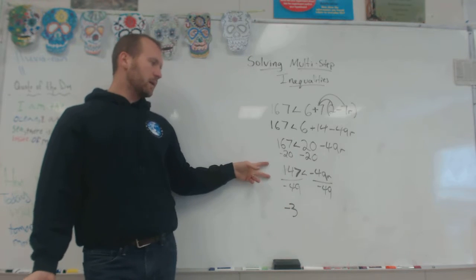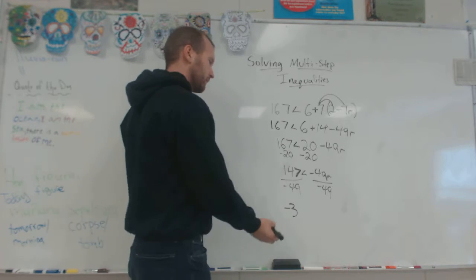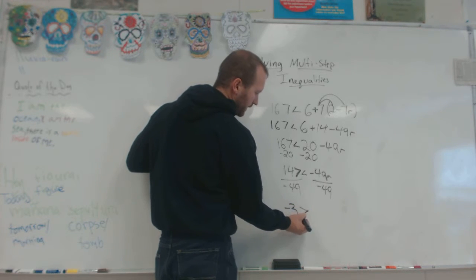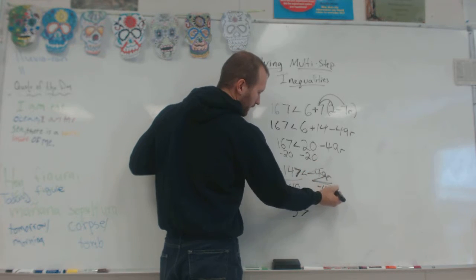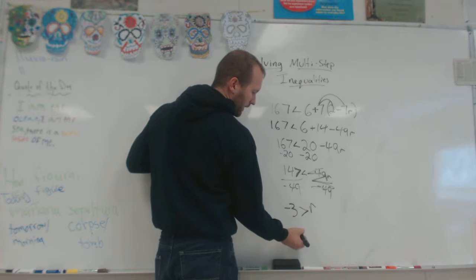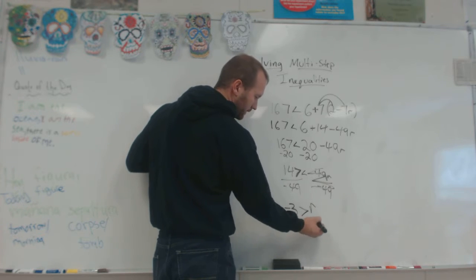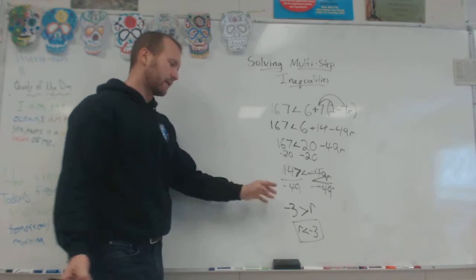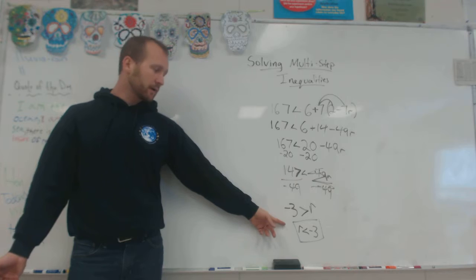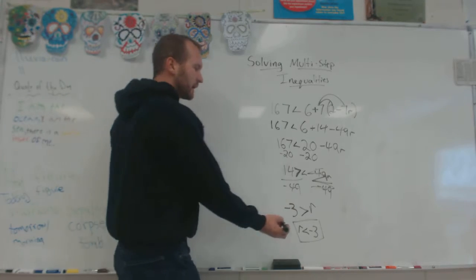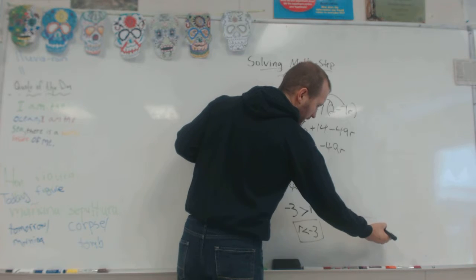When we're multiplying and dividing, one negative is going to give us a negative answer. And I'm going to switch around this sign. Negative 49 and negative 49, those cancel, I just have r. I'm going to switch this around to say r is less than negative 3, rather than negative 3 is greater than r. It's the same thing, just writing it with r first. And the reason I do that is so that my arrow points in the direction that I want it to go.